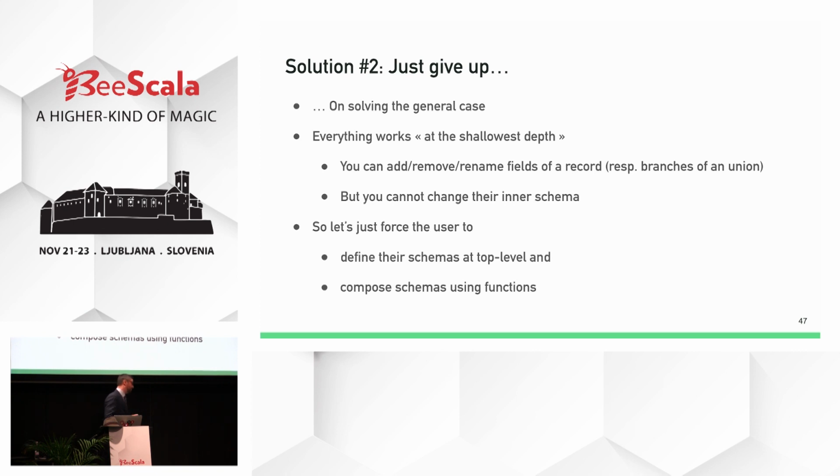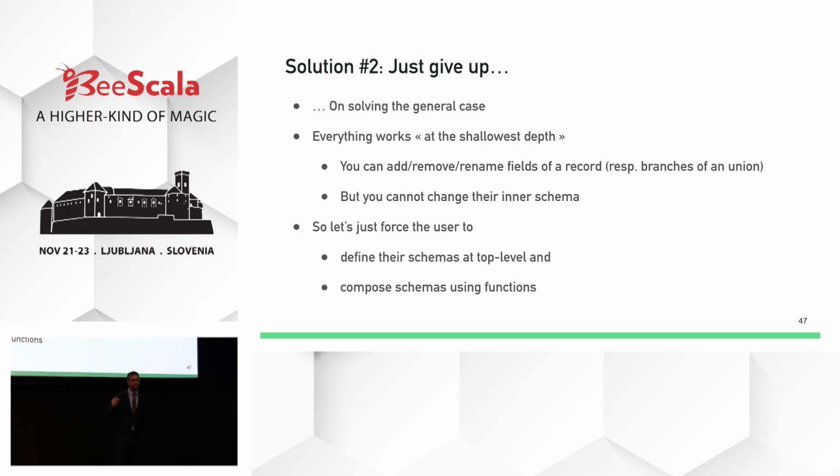So the solution to that problem was to just give up on generality. Because it works, but only if you apply a migration at the shallowest level. Meaning that you can modify the structure of a record, but you cannot modify the structure of what's beneath it. So you can add a field, remove a field, rename a field to a record, but you cannot do the same to a field's value.